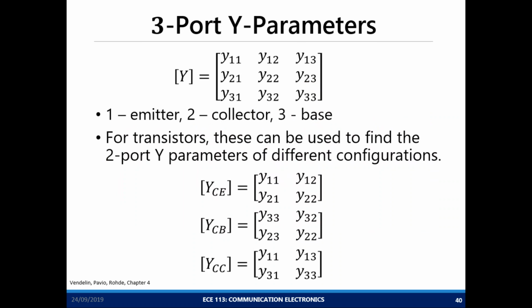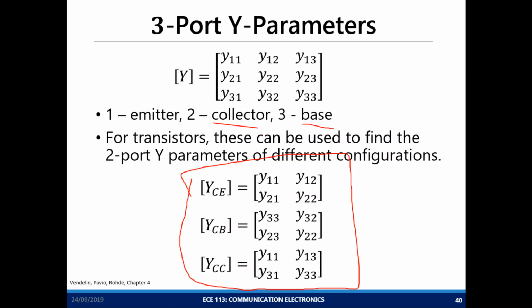An example of your 3-port Y parameters, which I already told you is widely used for transistors: if we let port 1 be the emitter, port 2 be the collector, and port 3 be the base for a bipolar junction transistor, then we can separate the Y parameters at each port, right here.